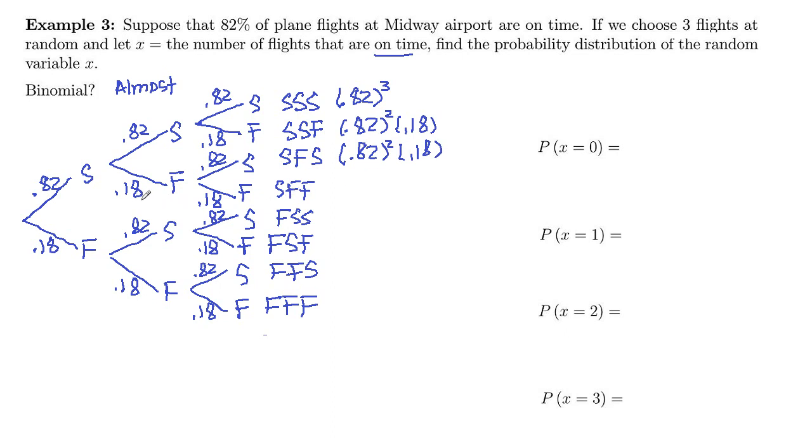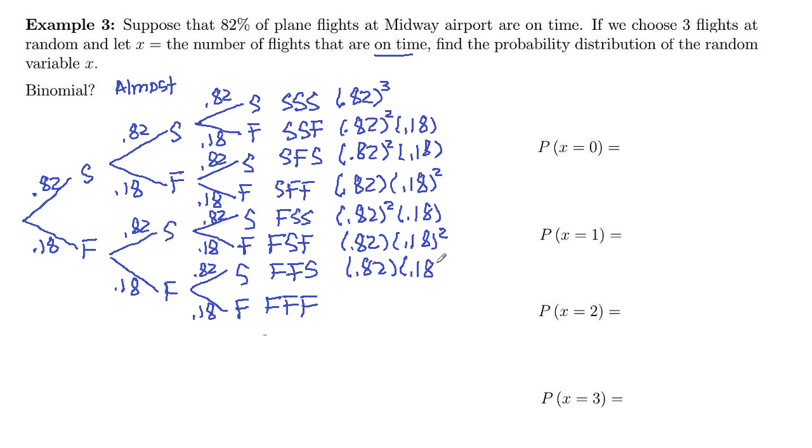Only 1 on time there, so two 0.18s, so that's 0.82 times 0.18 squared. Then 2 on time there, so that's back to 0.82 squared times 0.18. Then 1 on time, so 0.82 times 0.18 squared, again 2 late and 1 on time. And then 3 that are late would be 0.18 cubed.